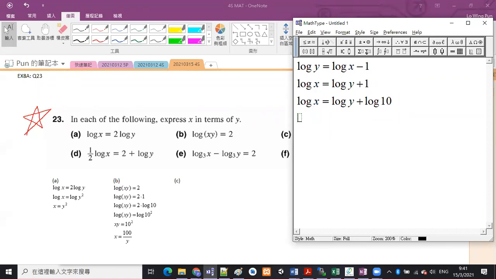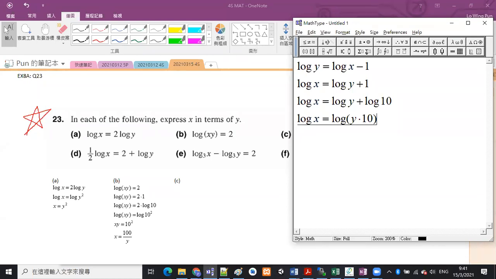And the right-hand side is still not ready because it is the sum of 2 logs. I need it to be one single log on the right-hand side. But now we have the first property of log. Log x plus log y is equal to log bracket x times y. So we just multiply the y and 10 together inside the log.